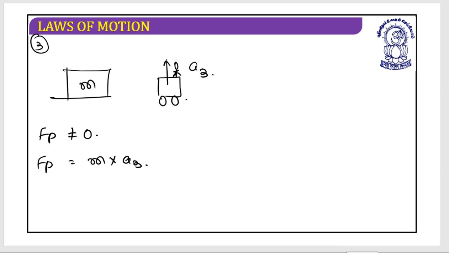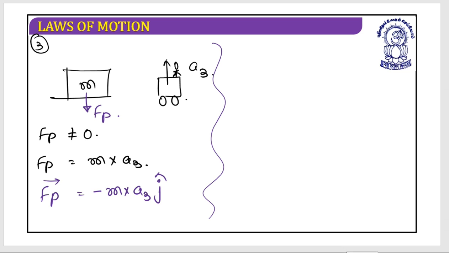What would be the direction? The FP would be in the negative direction. So we can say FP is equal to minus m a3 j cap. Yes, minus j to represent the negative y direction. I hope this is clear. Ready for one more? Yes?